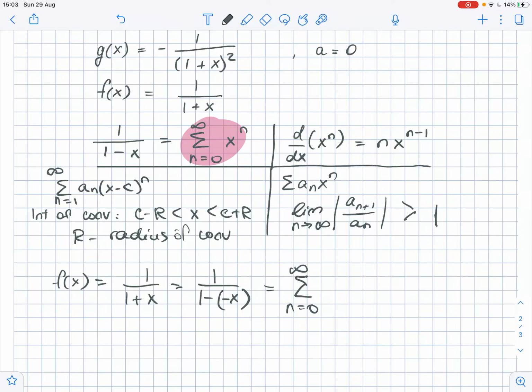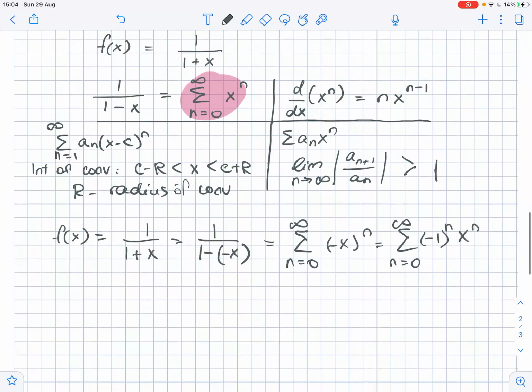So it equals the sum from n equals 0 to infinity of negative x to the power of n, which equals the sum from n equals 0 to infinity of negative 1 to the power of n times x to the power of n.